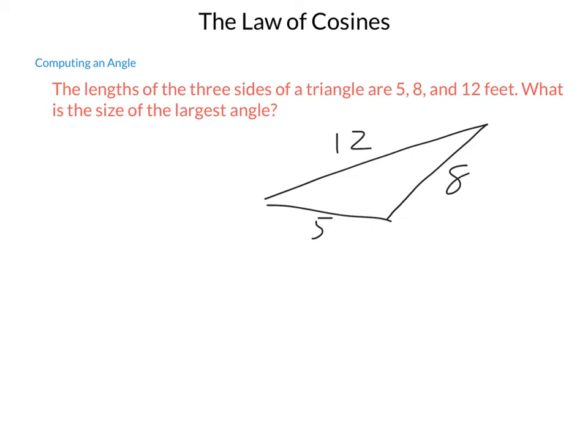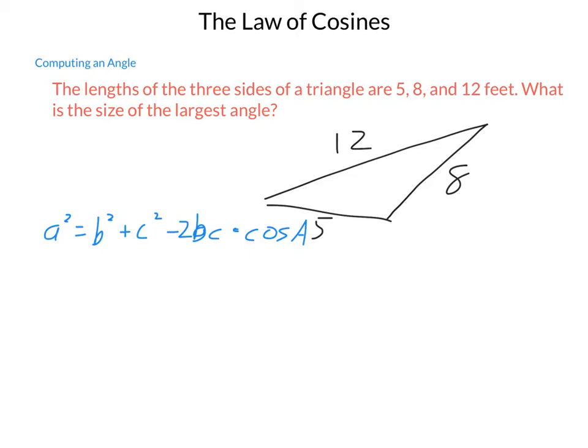Okay, let's do a quick derivation of the formula. Now, if we start out that A squared equals B squared plus C squared minus 2BC times the cosine of angle A, what happens if we need to solve for angle A?